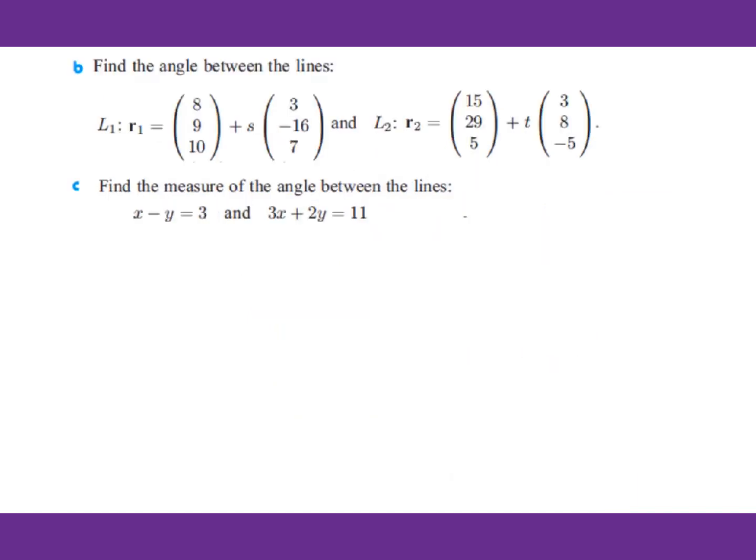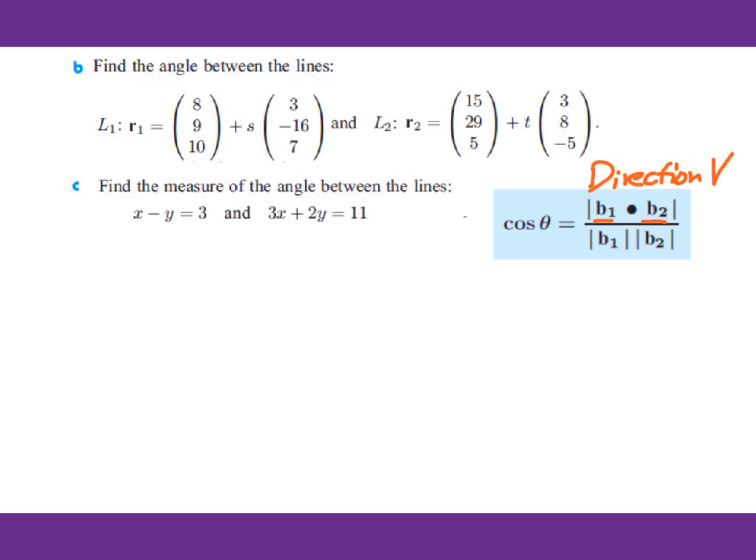Now let's go to B. Find the angle between the lines L1 and L2. For the formula, remember B1 and B2 are direction vectors. So for L1, this is the direction vector, we call B1. This will be direction vector B2.